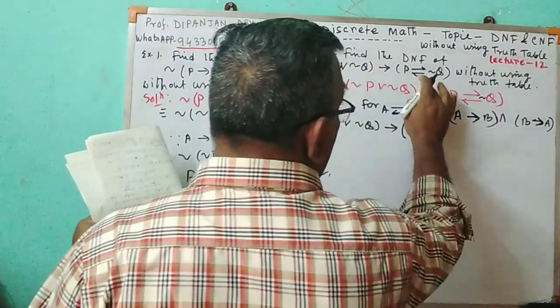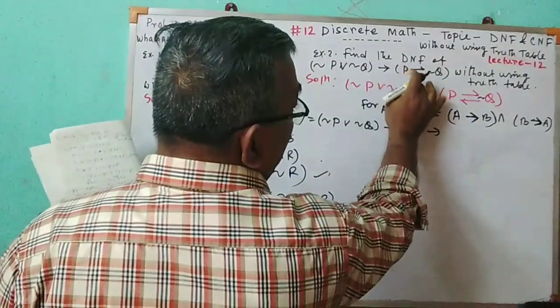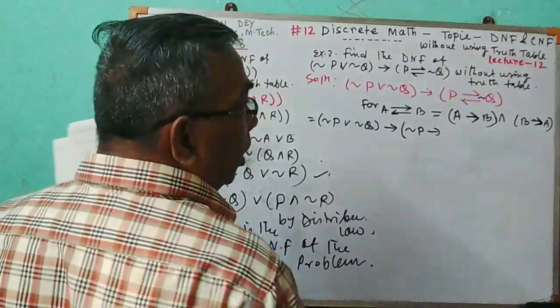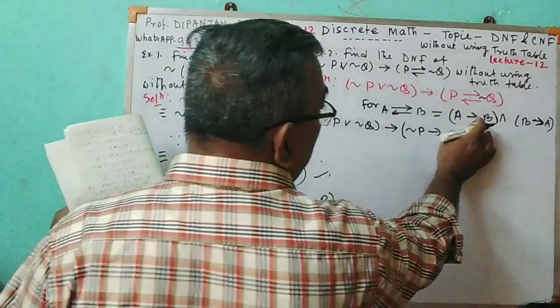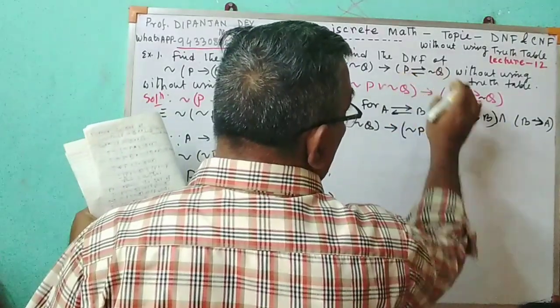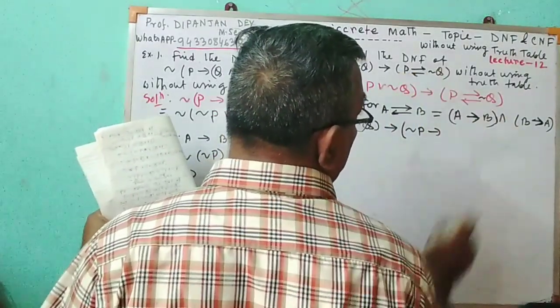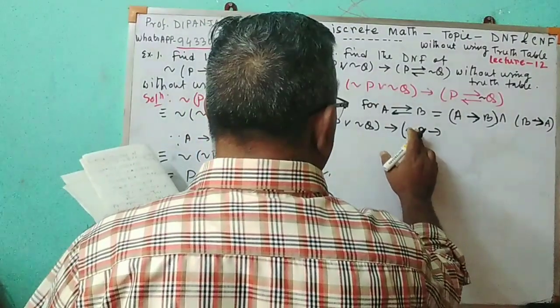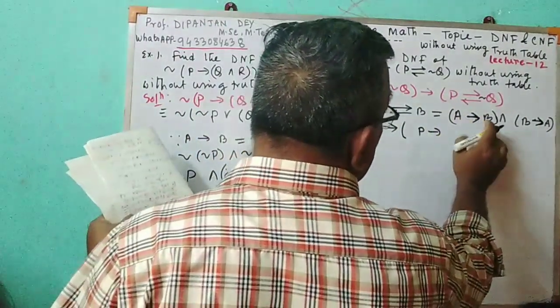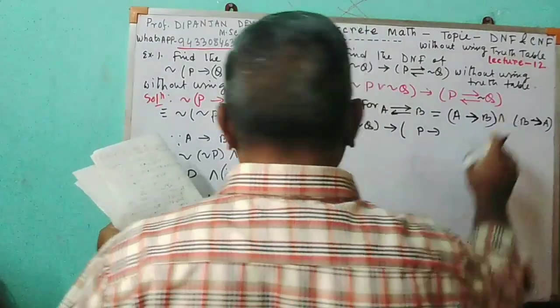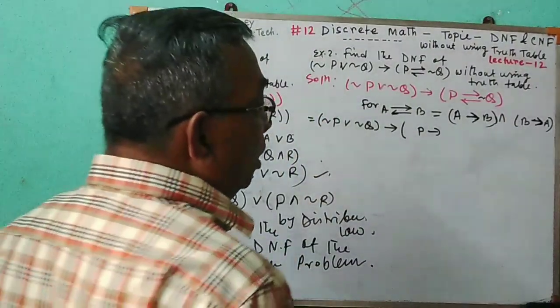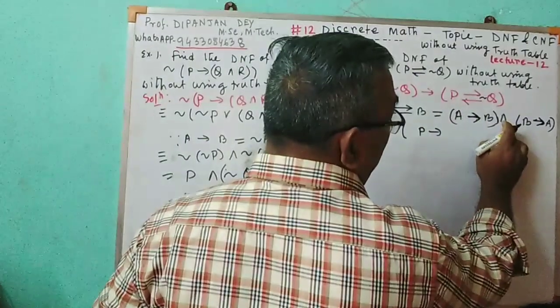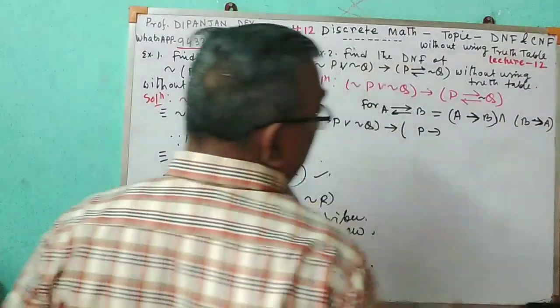Applying this formula, here I am applying, this is double implication. We are removing the double implication using this formula. The double implication formula is: A to B, then conjunction B to A, that is implication.